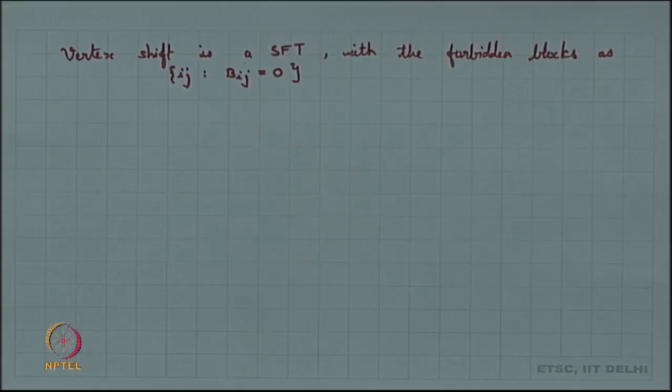How do we look at an m step subshift? This was just a one step subshift of finite type. How do we look at an m step subshift of finite type? How do we represent that in terms of a vertex shift?